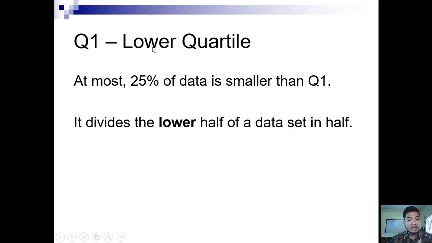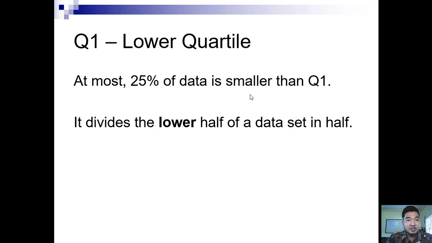Q1 or the first quartile is the lower quartile. At most, 25% of data is smaller than the first quartile. Ibig sabihin, pag nakuha mo yung posisyon ng first quartile, nakuha mo yung score na yon, meron siyang 25% na scores na nataasan.